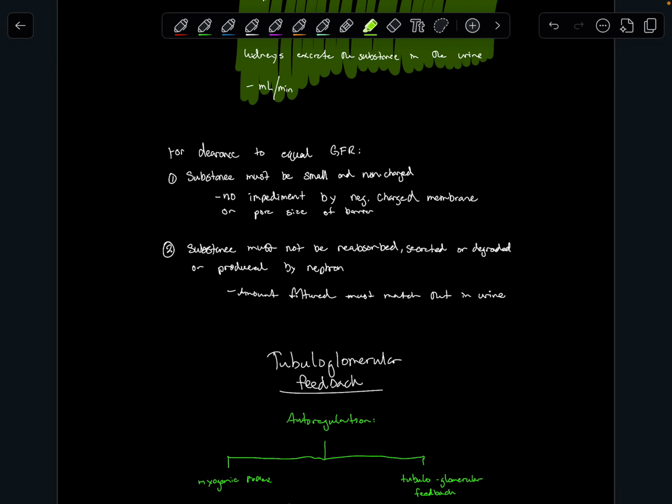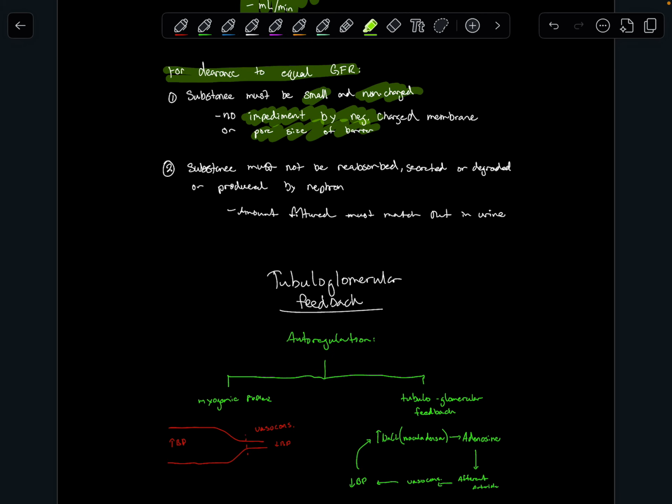Now, I guess we can go over how clearance is equal to GFR super fast. The substance must be small and non-charged and shouldn't be impeded by a negative charged membrane or pore size. The substance must not be reabsorbed or secreted or produced by the nephron.